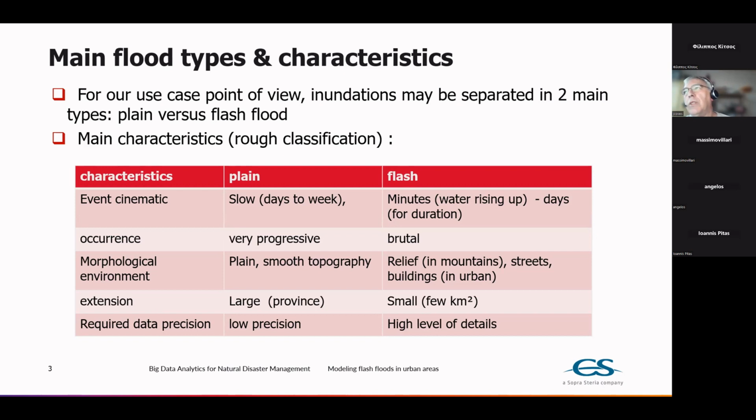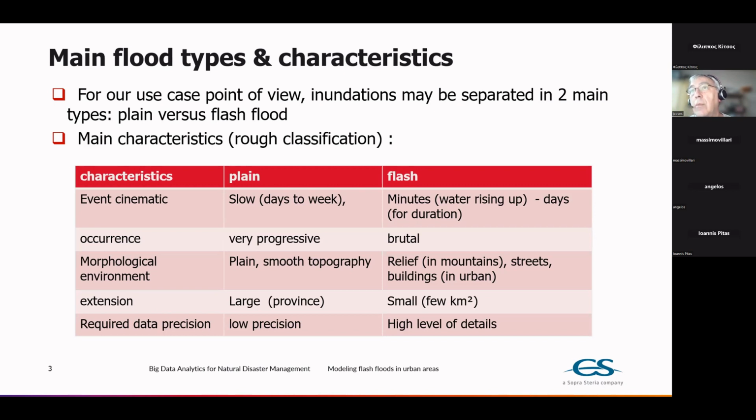At the opposite, flash floods are completely different. The main characteristic and difference is the kinetics of the episode. Usually, a plain flood occurs slowly. It's lasting. I mean, you have many days to be ready in advance, because you need to have precipitation for several days.